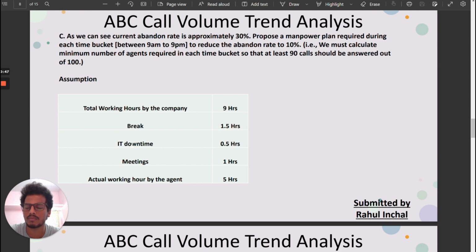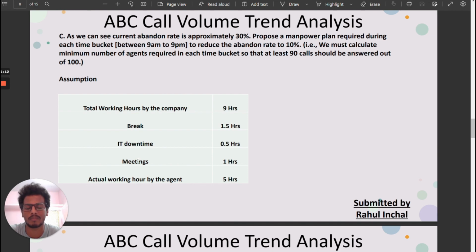Now IT downtime. This is an average I'm taking, guys. In a single day, 9 hours is the total shift hours, 1.5 hours is the break hours, and IT downtime, say there is an issue with the internet or the computer may lag, that IT lag time is 0.5 hours. And every day there is some sort of meeting, right? What is the agenda for today, what are we supposed to do today?